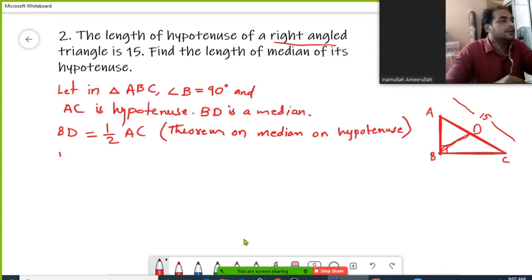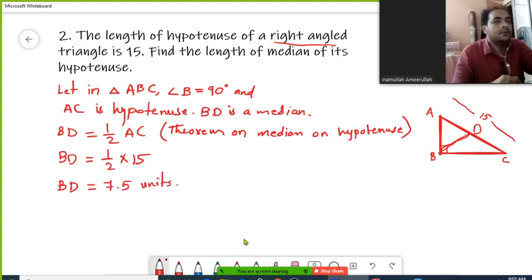So the length of BD we need to calculate, and AC is already given as 15 units. So BD is 7.5 units. So this is the length of the median. The question was to find the length of the median on the hypotenuse.